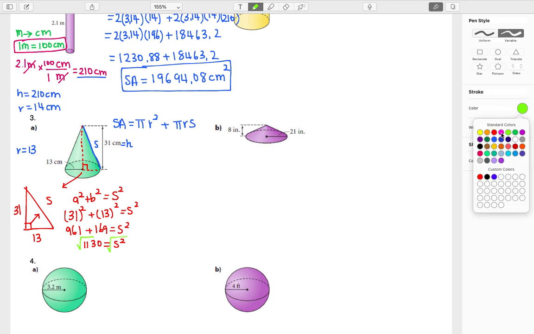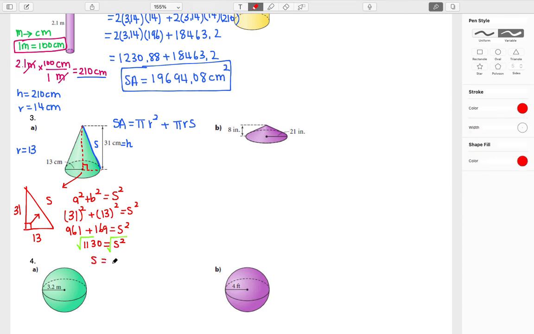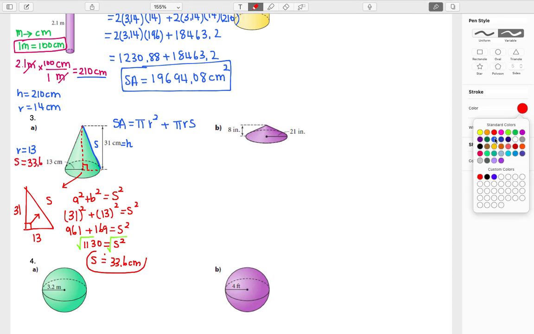And therefore, you will get S is equal to 33.6 centimeter, approximately. Okay, so now that we have found the slant height, now we can plug it in. S is equal to 33.6. So let's plug in all the information.